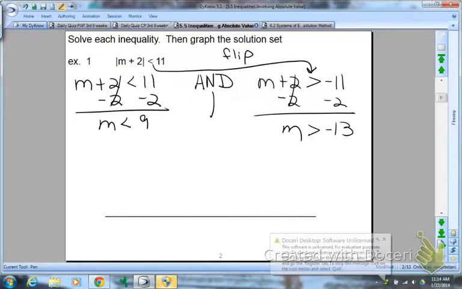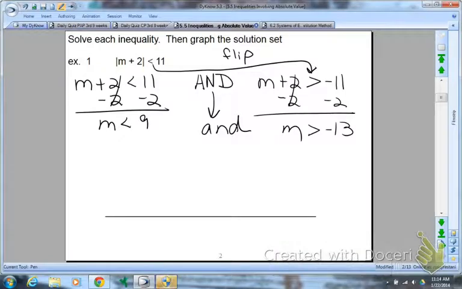Now, bring down the and. Do y'all remember what happens when we have an and? So think back to the last section. When we had two equations formed by the word and, we had to go one step further and put m in the middle. What do you put on each side? Less than signs. Smaller number on the left. Which is smaller, 9 or negative 13? Negative 13. Look, it's pointing to negative 13.